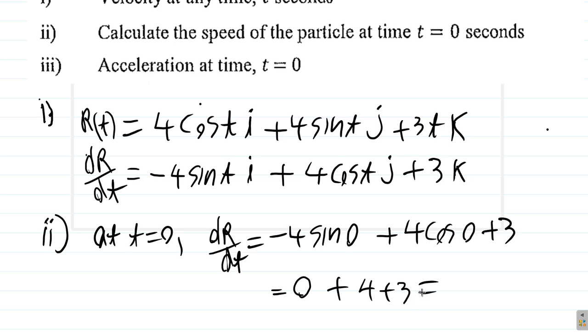and so just to make sure of everything, you have negative 4 sine t i plus 4 cos t j plus 3k, and at t equals 0, you're going to get 0 plus 4 times cos 0, which is 4, plus 3.